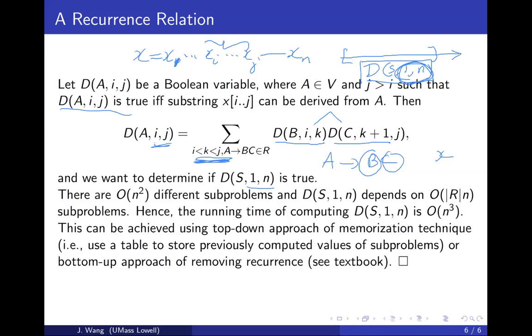And then you use memorization. So this is a process: because you have a recurrence relation, when you want to solve it, it will go down to the boundary condition, and then you work your way back, backtracking.